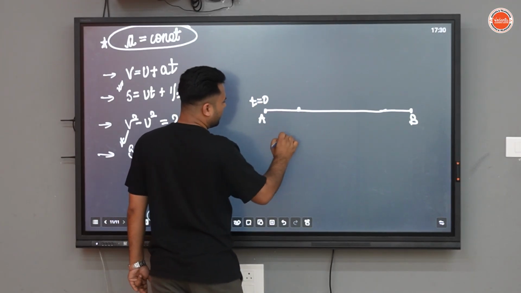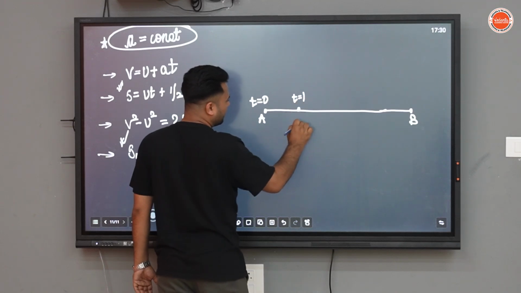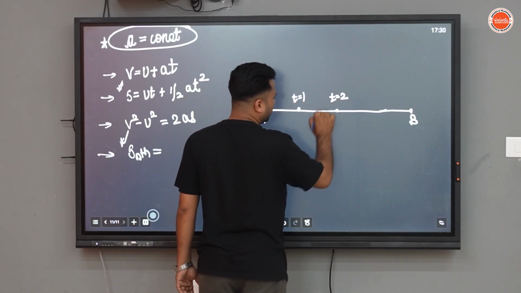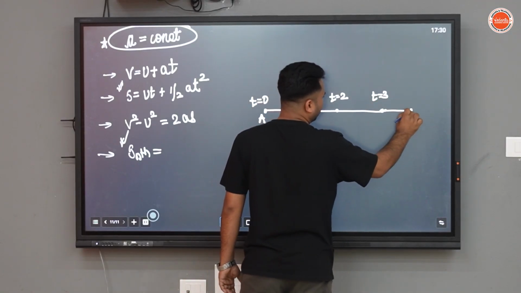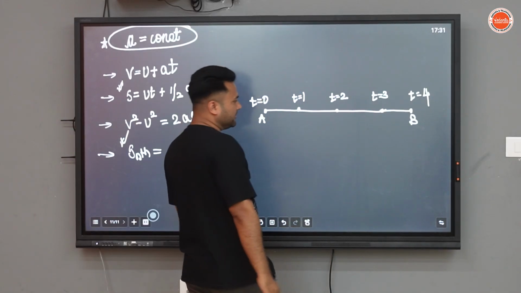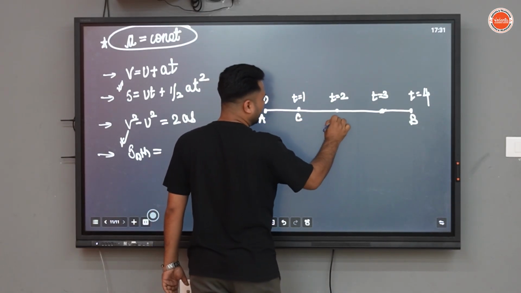You were here at t equals to 1 second. You were here at t equals to 2 seconds. You were here at t equals to 3 seconds. And you were here at t equals to 4 seconds. I can name the points also C, D, E.